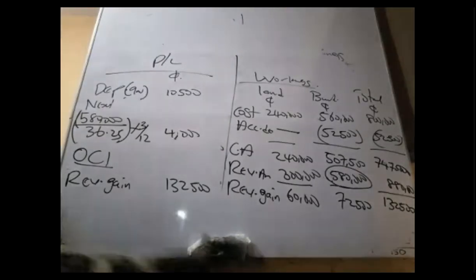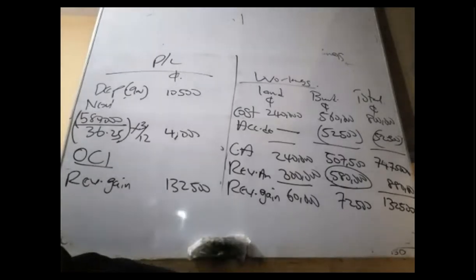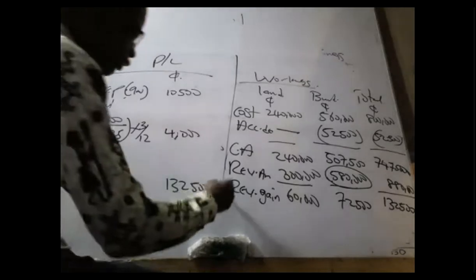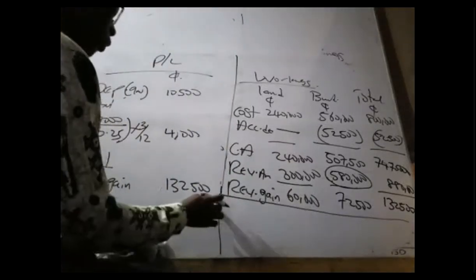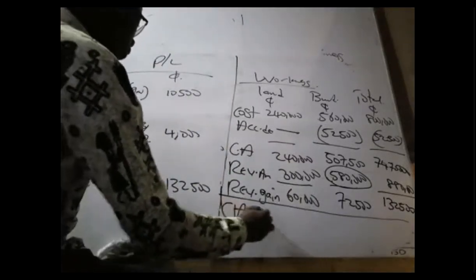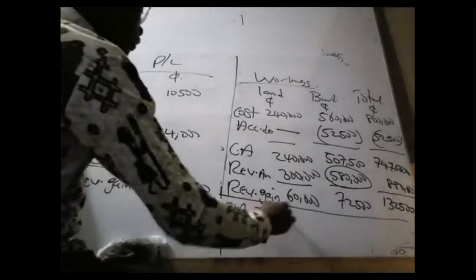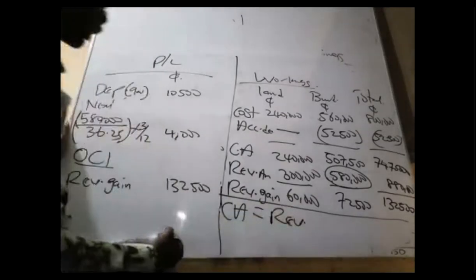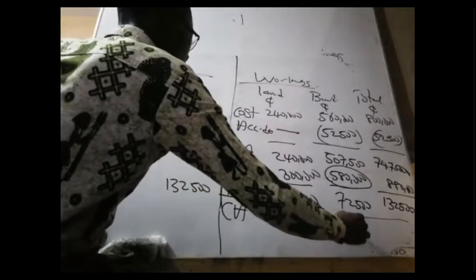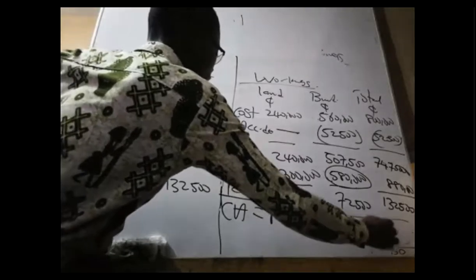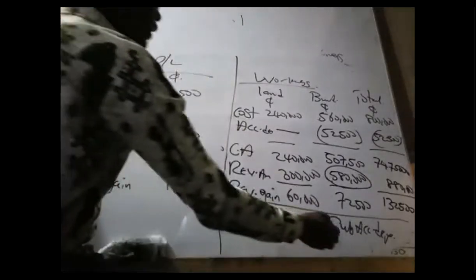Under the revaluation model, the carrying amount is equal to the revalued amount, less subsequent accumulated depreciation. This is the place where I will explain the word subsequent.